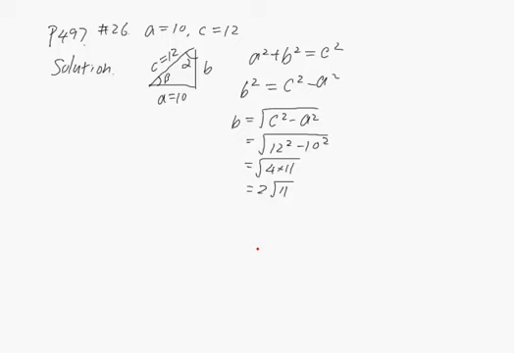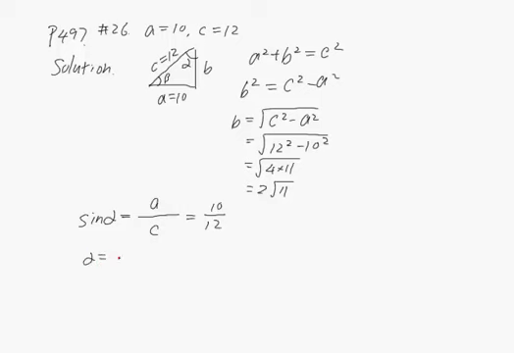Now, after we find this B, we can find sine alpha, and then solve for alpha. Let's begin with sine alpha, which is equal to A over C, right? The opposite over the hypotenuse. A is equal to 10 and C is equal to 12. From here, we can use the inverse sine to find this angle alpha.